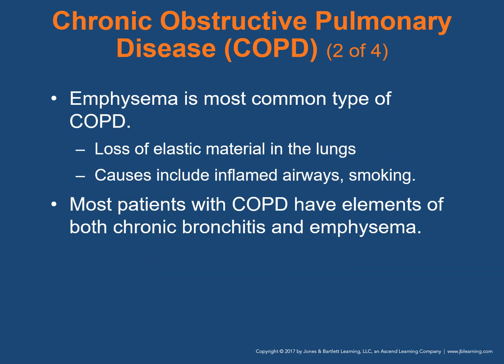Like we just said, emphysema is the most common type of COPD. The alveoli and the lung tissue itself lose their elastic properties, and like we said, most COPDers have a combination of both chronic bronchitis and emphysema.